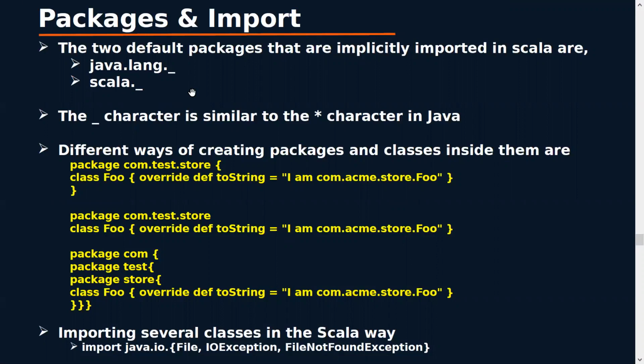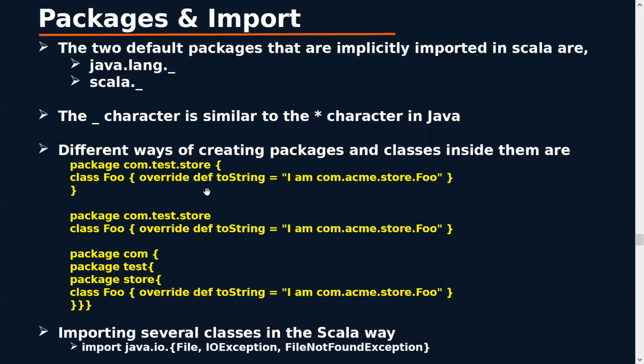Here underscore in Scala represents star. Star means any. So however many classes are present in java.lang, all those classes will be imported, and inside scala, all those classes will be imported. Same as import scala.* in Java.